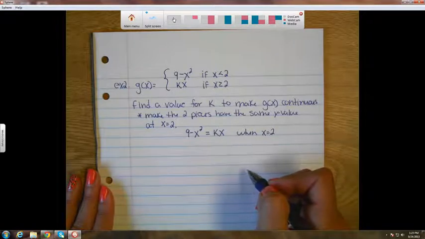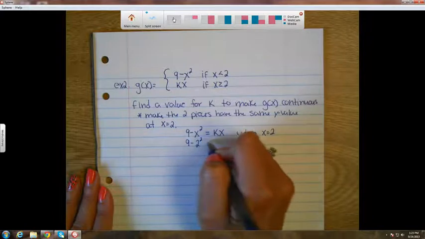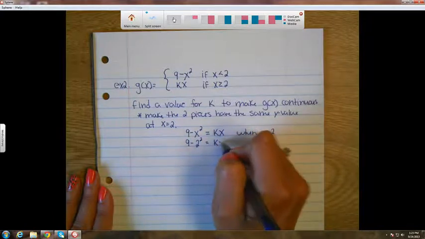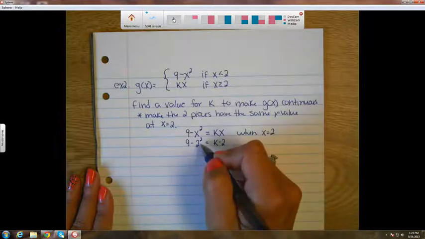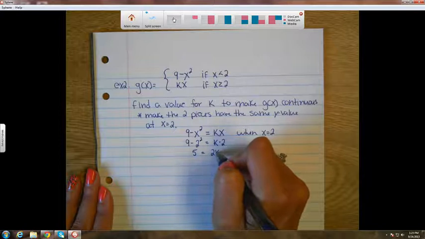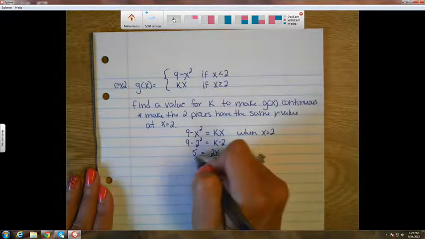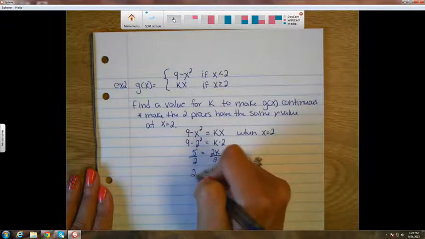So it's 9 minus 2 squared equals k times 2. This will be 9 minus 4 is a 5. This is 2k, if you want to write it the proper way, and just divide by 2. K equals 2.5.